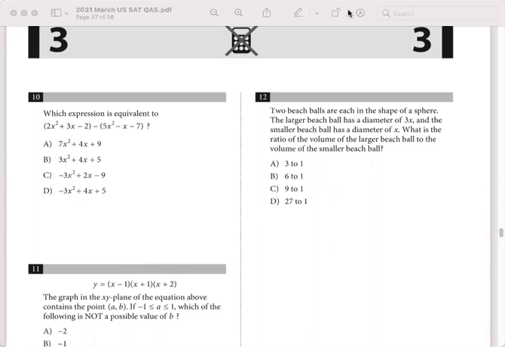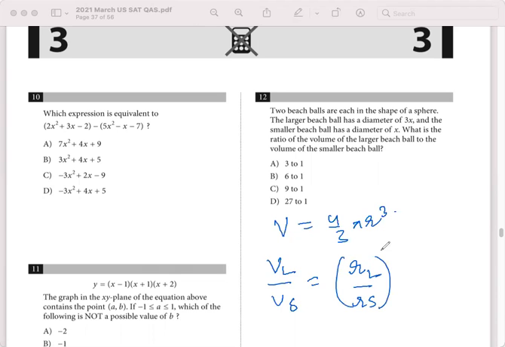Right. So we know that the volume of a sphere is 4/3 pi r cubed, right? So if I take the volume of the larger ball to the volume of the smaller ball, it will effectively be the ratio of the larger radius to the smaller radius, the whole to the power 3.